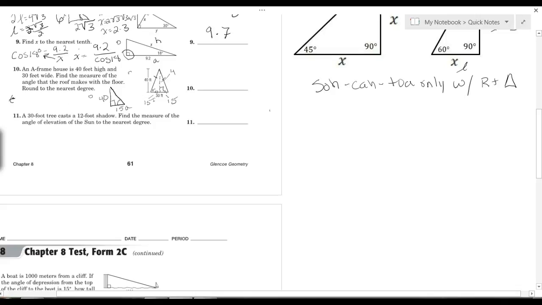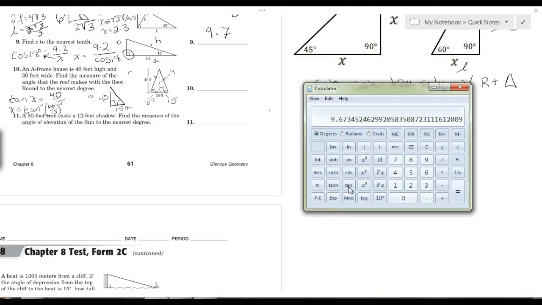So tangent of angle X that I'm looking for equals my opposite of 40 over my adjacent of 15. And then to get this X by itself, I have to use the inverse tangent. So X is going to equal the inverse tangent of 40 over 15.